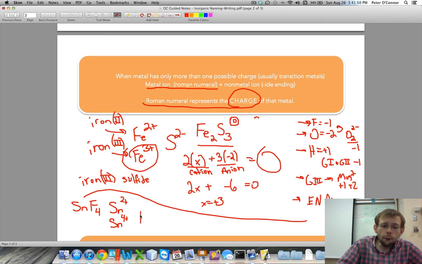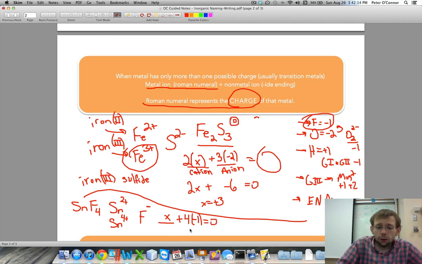I know fluoride is a -1. Because of oxidation rules, it's always -1. No exception. So let's set up the idea here. I know that 1 tin, so tin's charge, plus 4 times fluoride, which is always -1, must add up to 0.